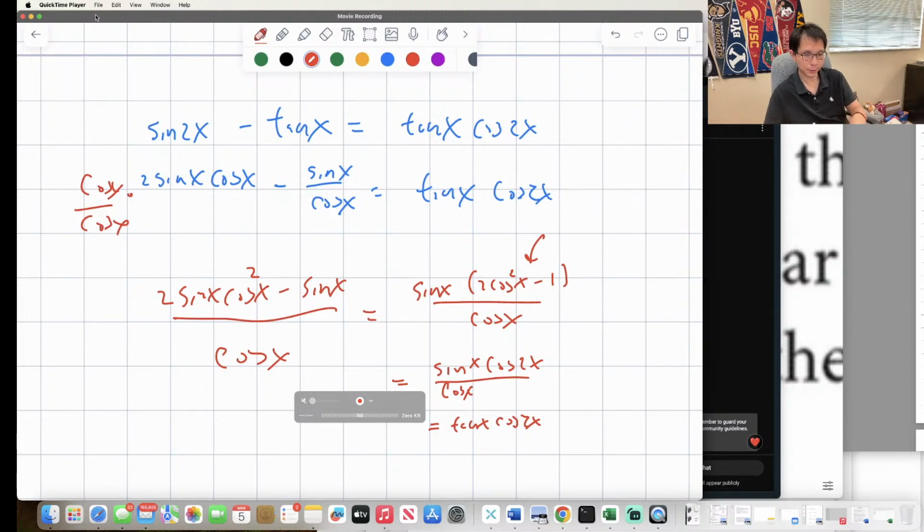Let me make sure. Yeah, I think you're right. Hold on a second. No, it's 2 cosine square minus 1. 1 minus 2 sine square. Yeah, that's right. Kind of difficult question. Not too bad.